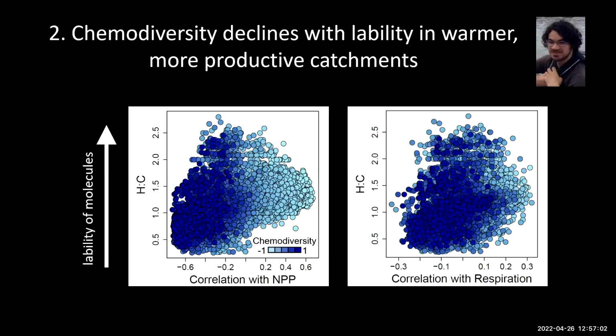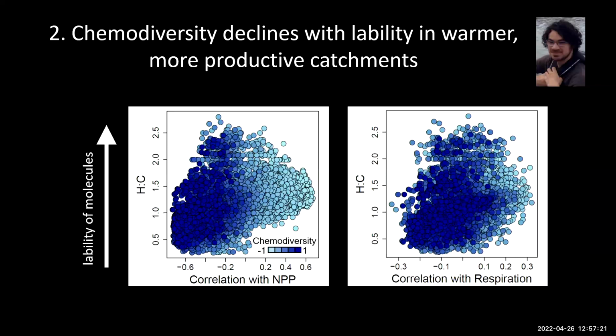So each point here in these plots is one molecular formula from our lake survey. And along the y-axis here, we have the H to C index, which is the ratio of hydrogen to carbon atoms in the molecule. It's an indicator of increasing lability.